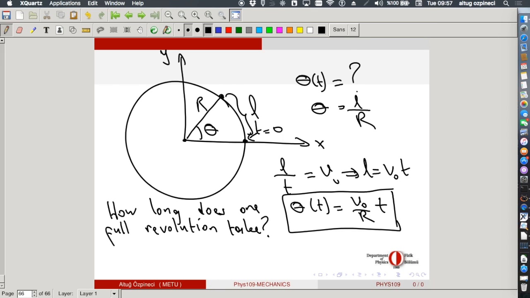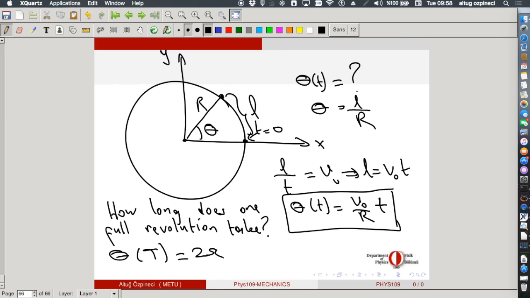So the object starts at t equal to 0. After one full revolution, it comes back again to that point on the circle. So the angle it makes, this theta angle, just becomes the full angle, which is 2 pi. So if we call this time capital T, theta of T is equal to 2 pi. So this is the expression of this question.